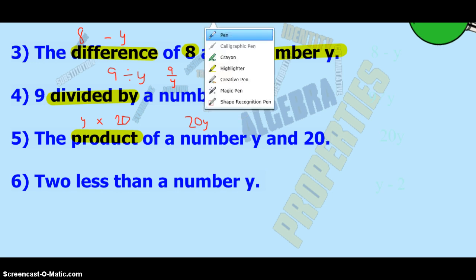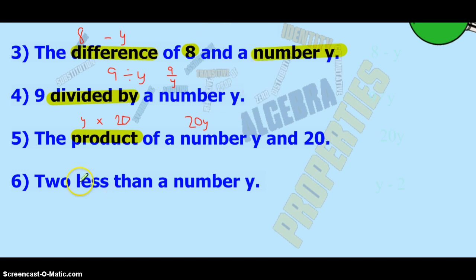And then, of course, my last one is one of those tricky subtraction ones. So it's 2 less than a number. And subtraction order does matter. So I want 2 less than whatever my number is, which means I'm going to start with my variable of y. And if I do 2 less than that, then that means I'm going to take away 2 to get 2 less than whatever my number was.